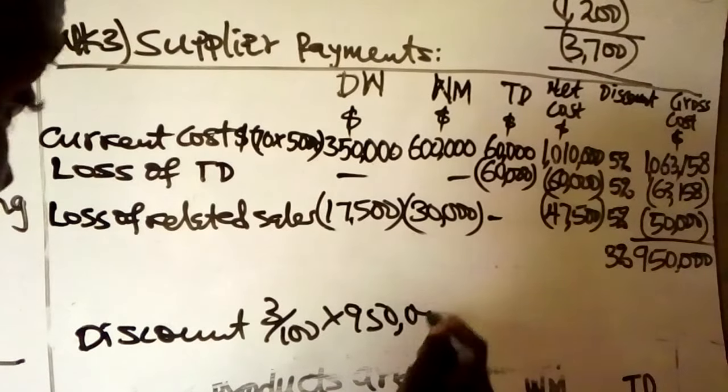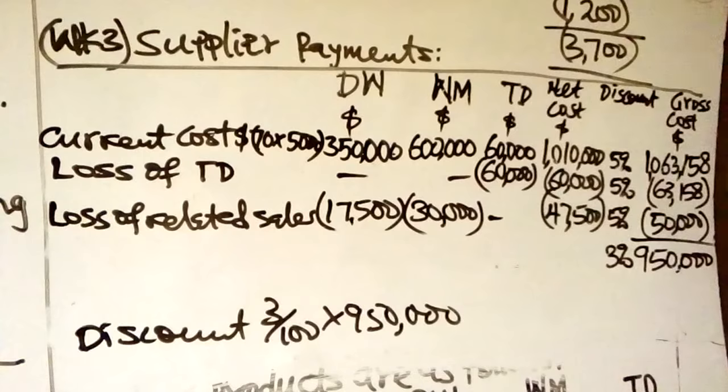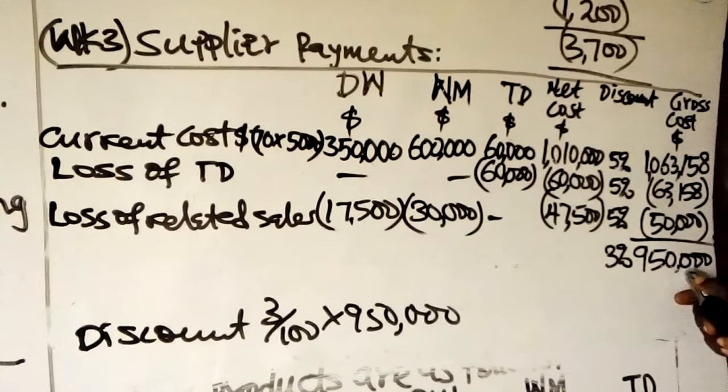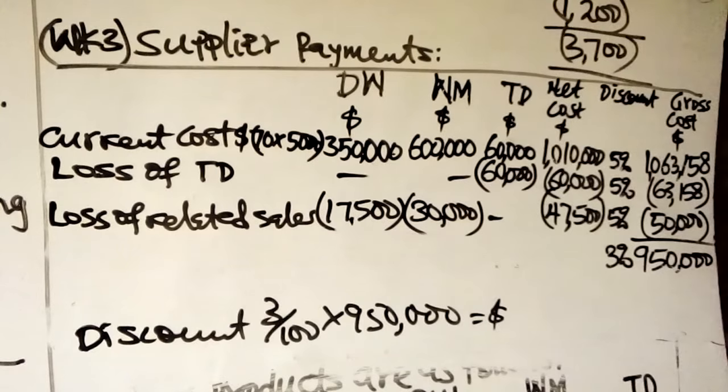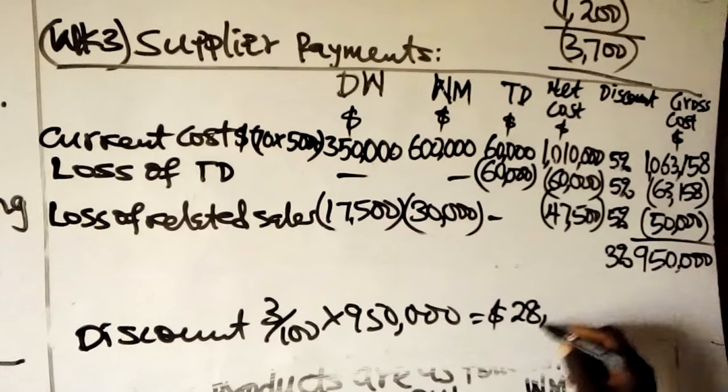I'm not using 3/97 because I'm calculating it on the gross amount, which is equivalent to 100%. So 3% of that, the discount you are going to enjoy, is 28,500.